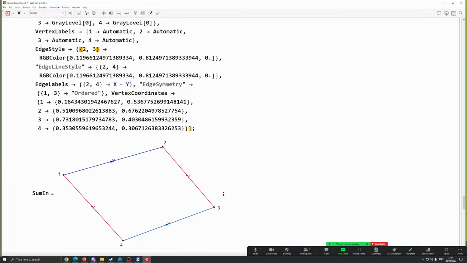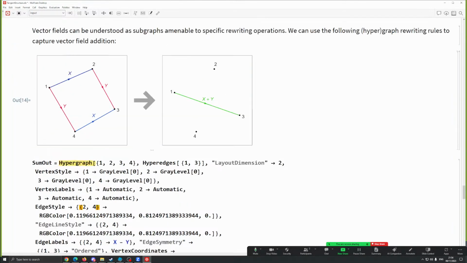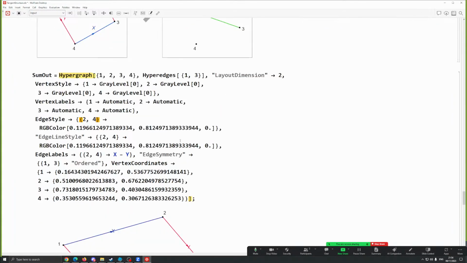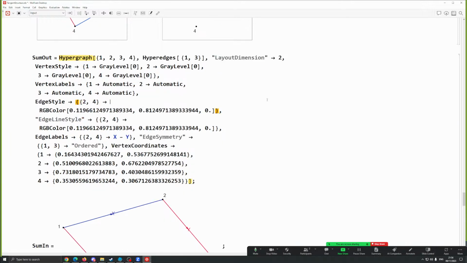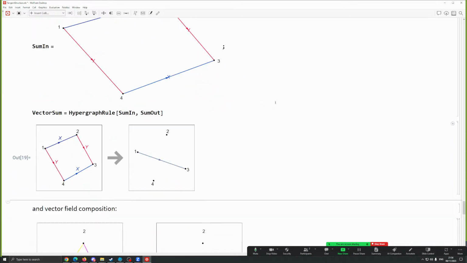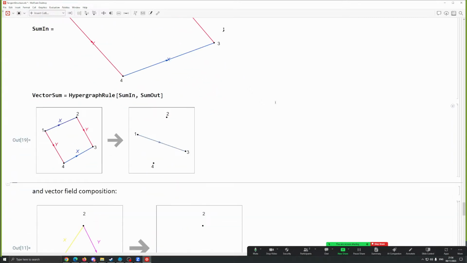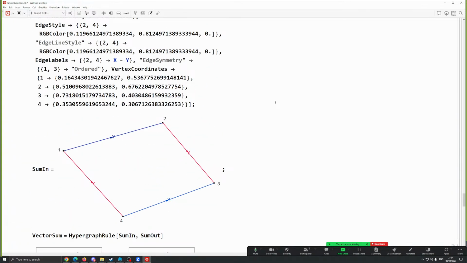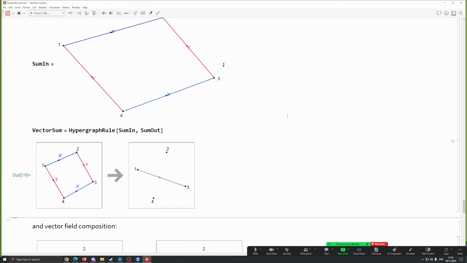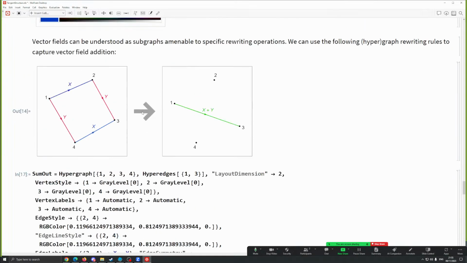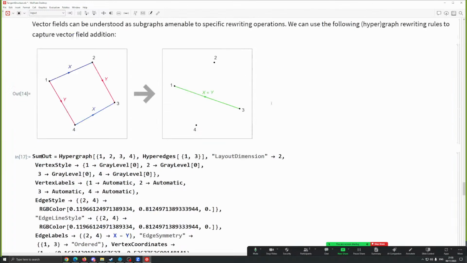Why are you changing the left-hand side then? Is it the left-hand side? No, it's the right-hand side. Oh, it's out. Okay. Oh, because they have the same names.